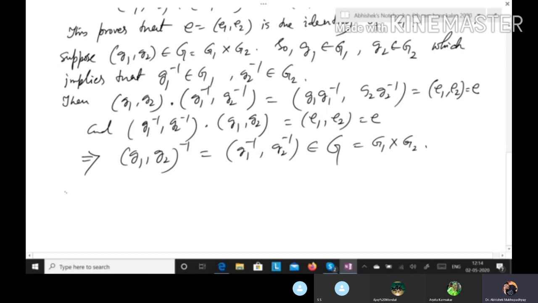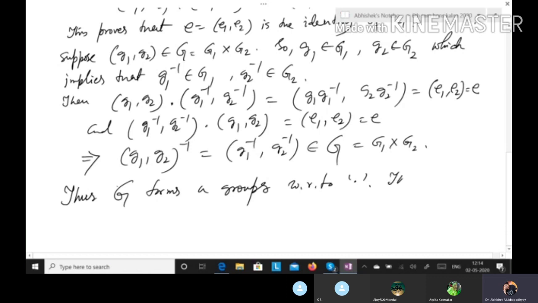So thus, the defined set G forms a group with respect to the operation dot.